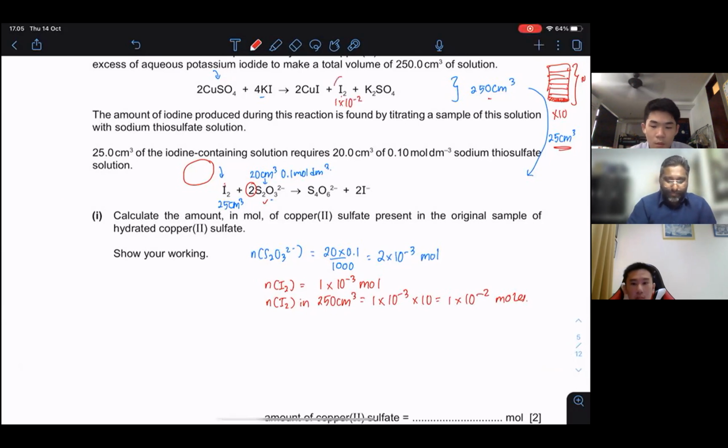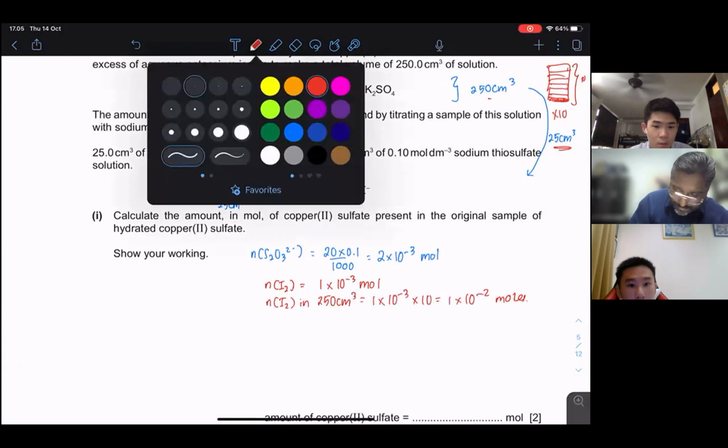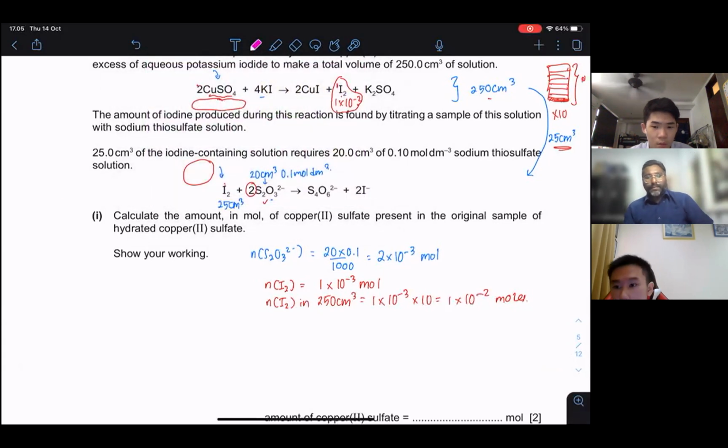I know this. But what they want is the number of moles of copper 2 sulfate, original. You see, 1 mole, 2 moles. So James, what do you need to do? If this is 1 times 10 to the power of negative 2, if I want to find out this, what is that value? Times 2. Yes.